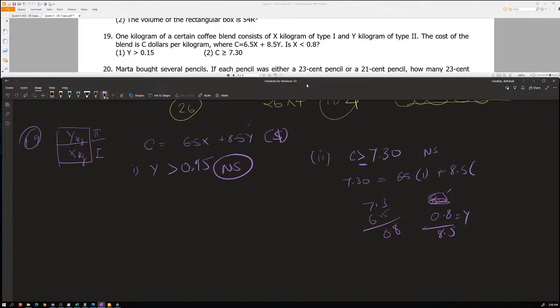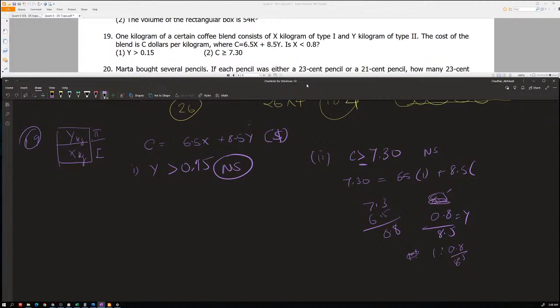So is this the ratio always? It is like 1 is to 0.8 by 8.5. If that is the ratio, I can solve this, right? No, no need. I can solve it.